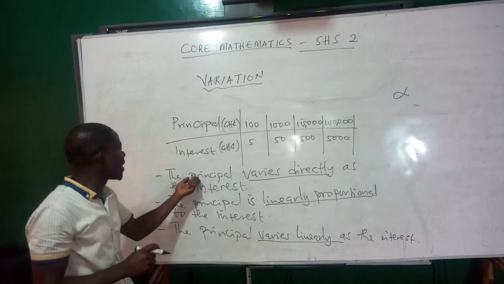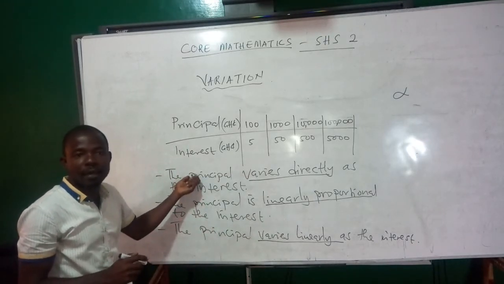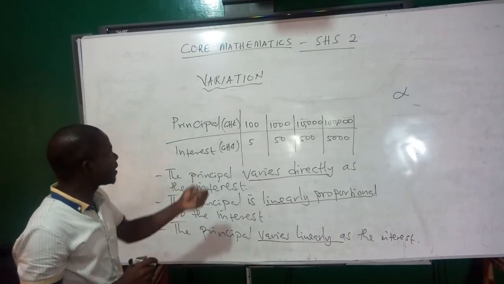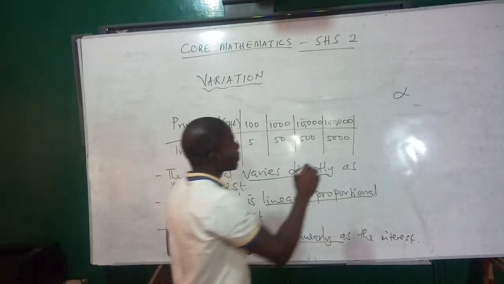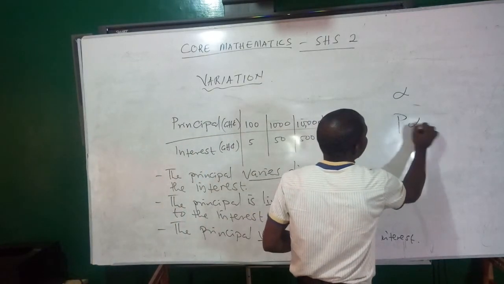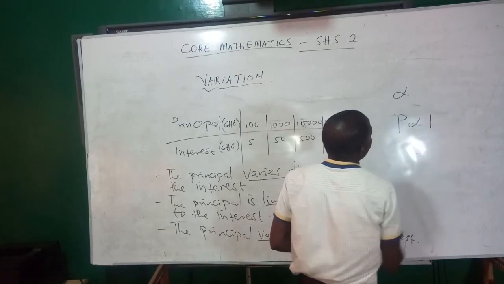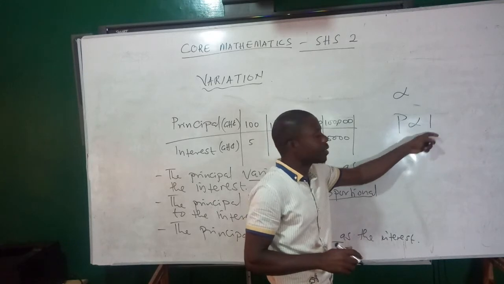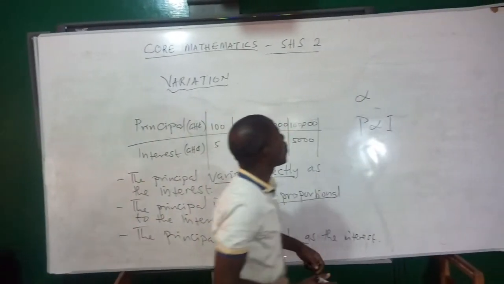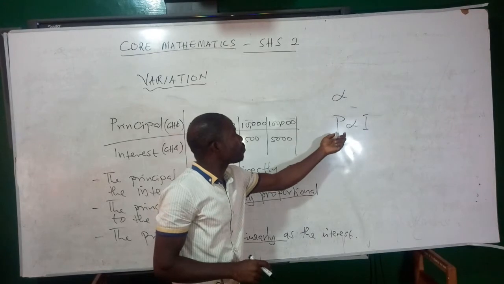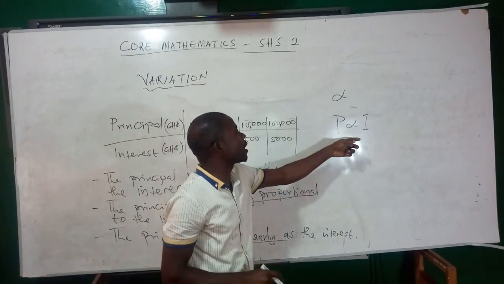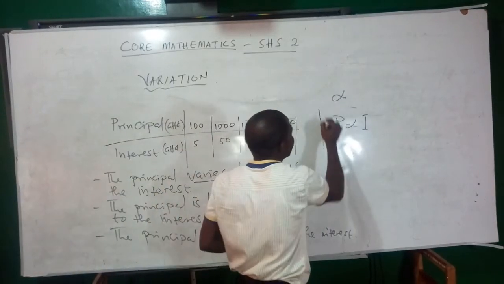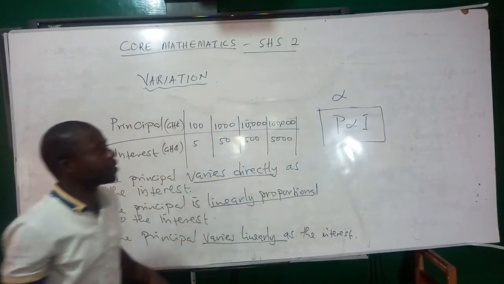When we use P to represent the principal, and I to represent the interest, then this can be written as P is directly proportional to I, P is linearly proportional to I. So this is how to write the statement mathematically.